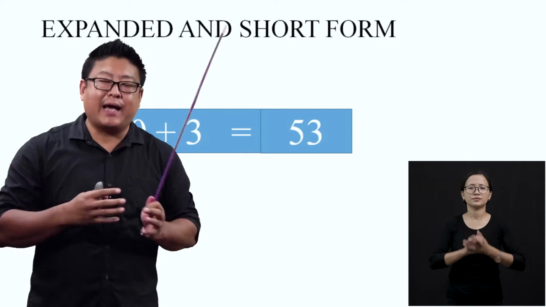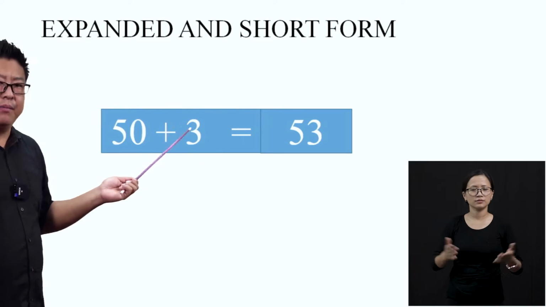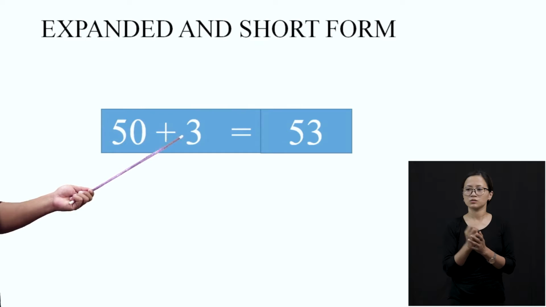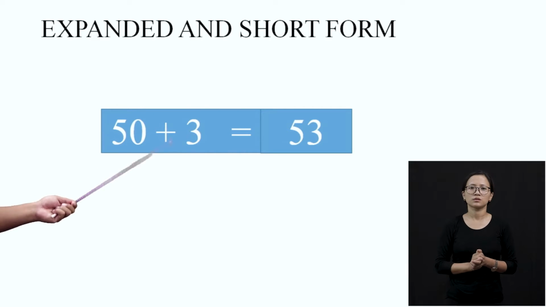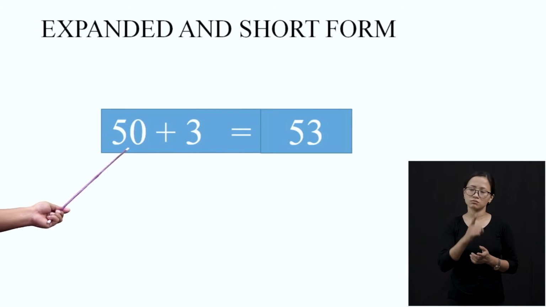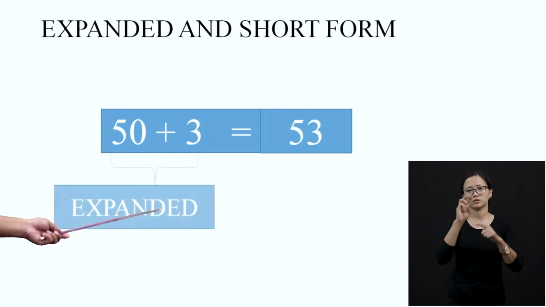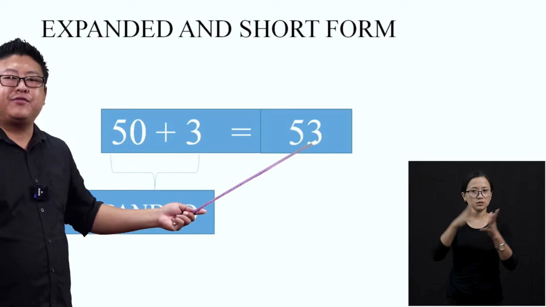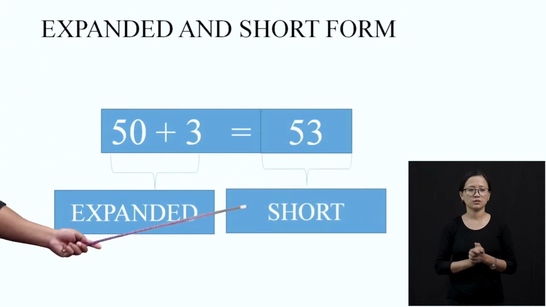Now in mathematics we are separating the numbers, and we call it expanded form. So 50 plus 3 is your expanded form, and the normal number 53 is your short form.